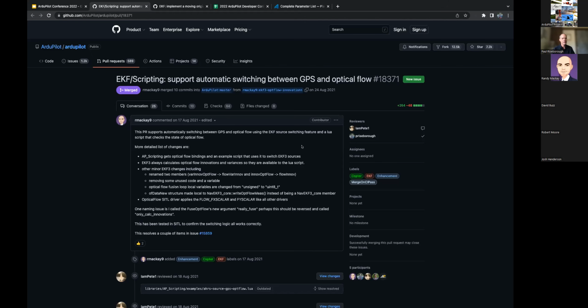In other words, making the correct decision about when to fall back to optical flow or start using GPS is contextual, and to do that properly required information that the EKF did not have access to.